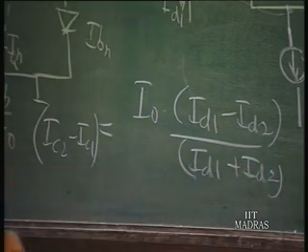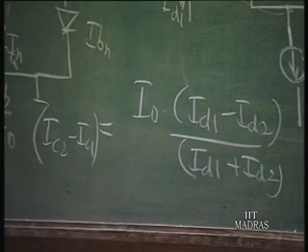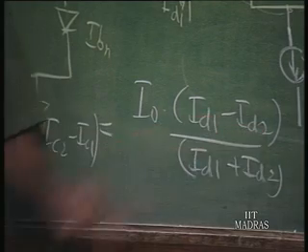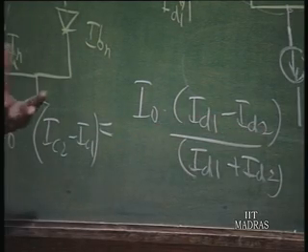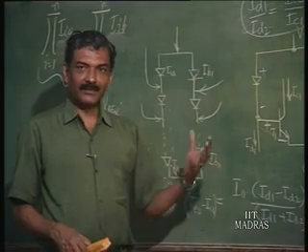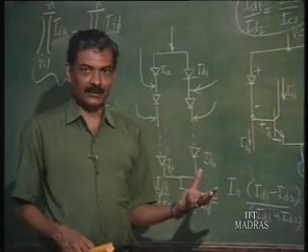If I select currents I D 1 and I D 2 such that it has a common mode current which is a DC current and a differential mode current which is the signal current, how do I do it?